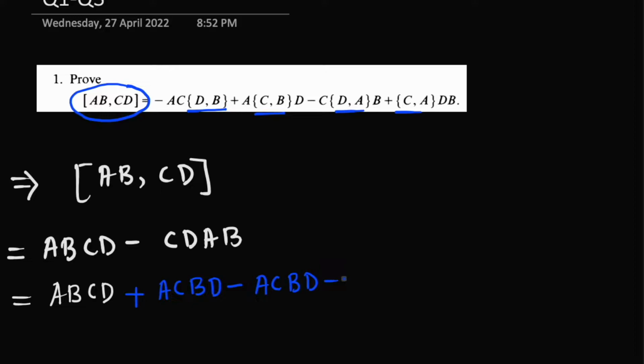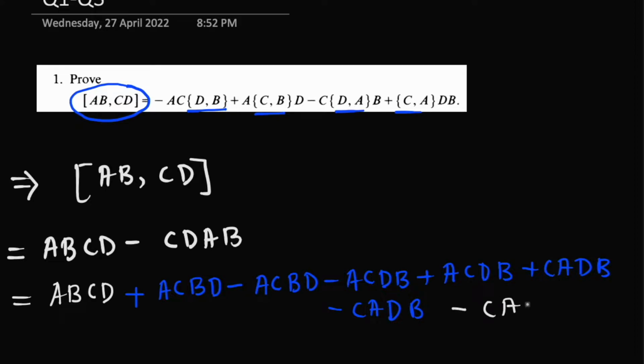Then subtract another term ACDB, and add this term ACDB. Now add another term, CADB, then subtract the same term CADB, and then the last term is minus CDAB.